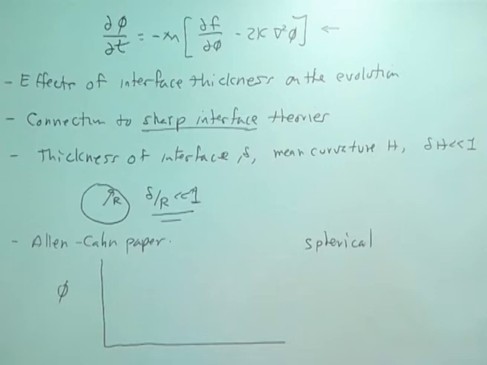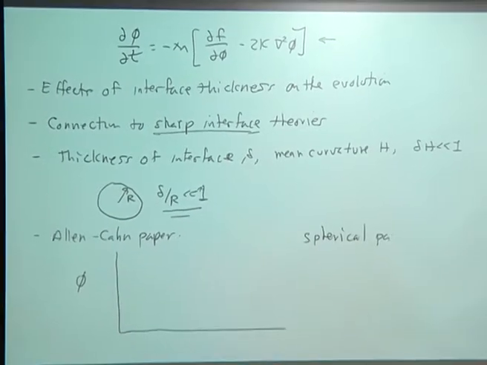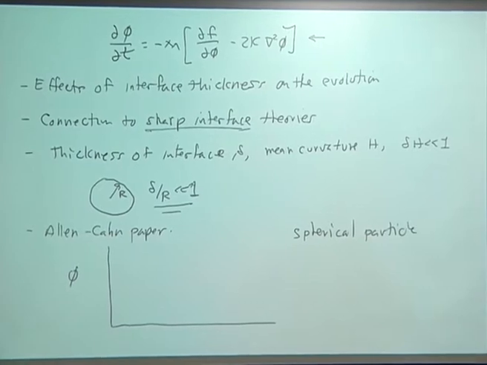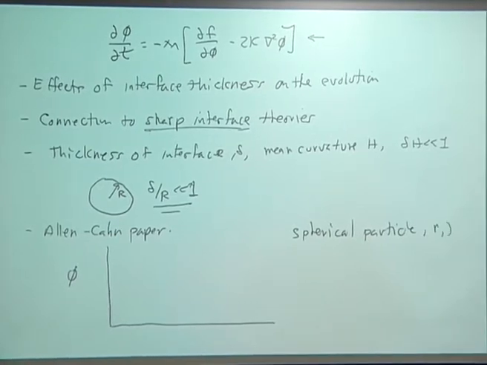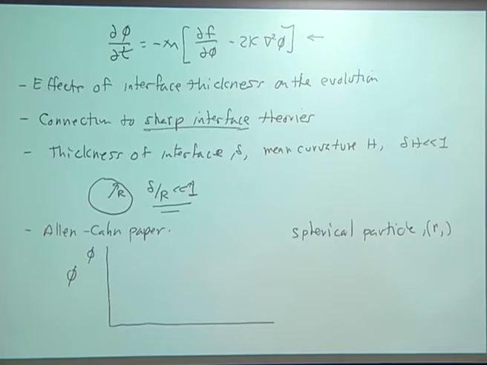We're going to consider a spherical particle, so everything will be in terms of the radial distance from the origin. This would be the position vector from the center of the particle. So these are non-planar interfaces now.